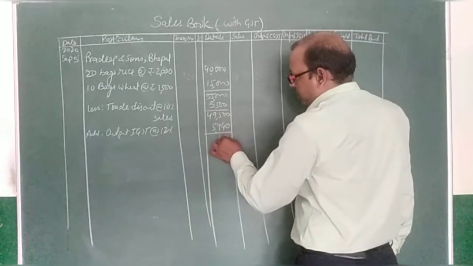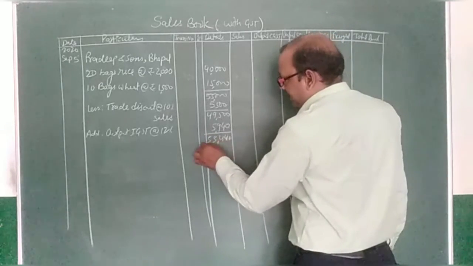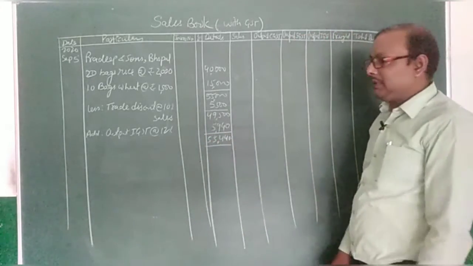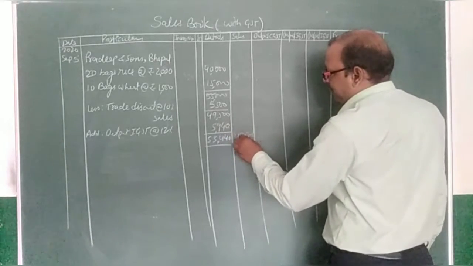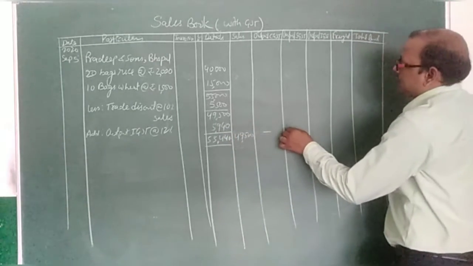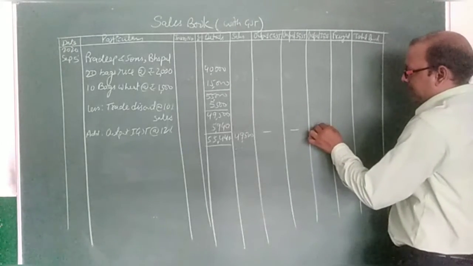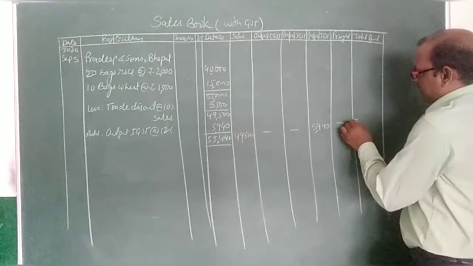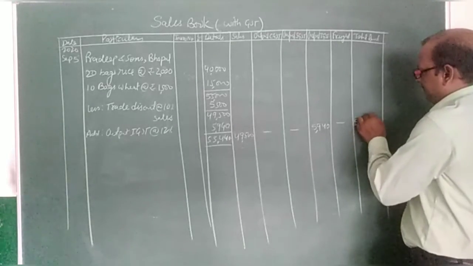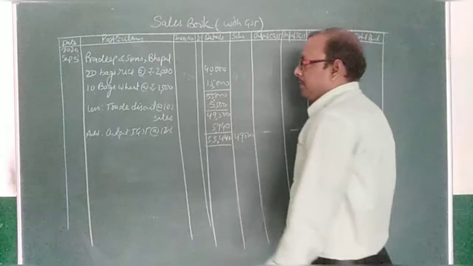Total is 55,440. And how to write the amount? See, the amount of sales is 49,500, and output IGST is 5,940, and no freight, so the total is 55,440. This is the way to record.